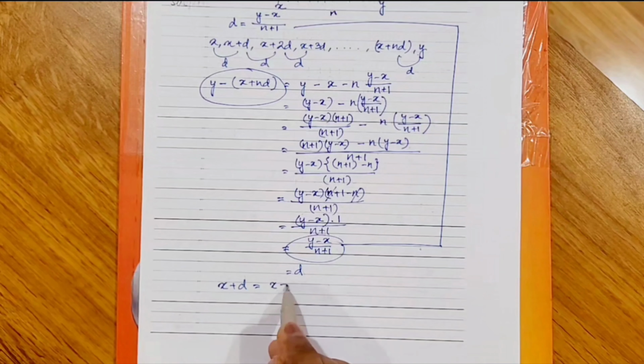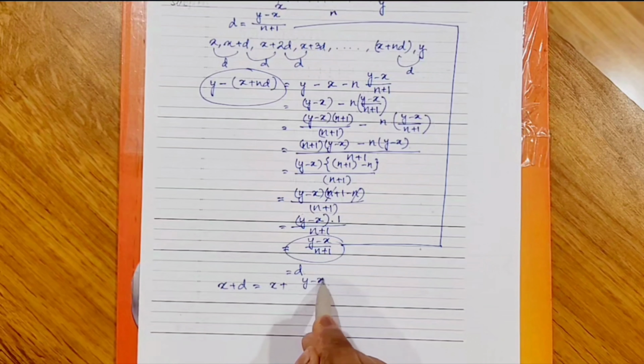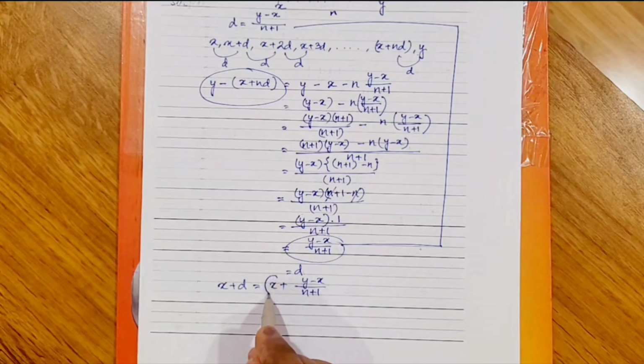That means x plus (y minus x) by (n plus 1) is a rational number. So what we implicitly understood here is that a rational number x plus another rational number d will still remain a rational number. So that means rational numbers can be added together or subtracted from each other. The result is still a rational number.